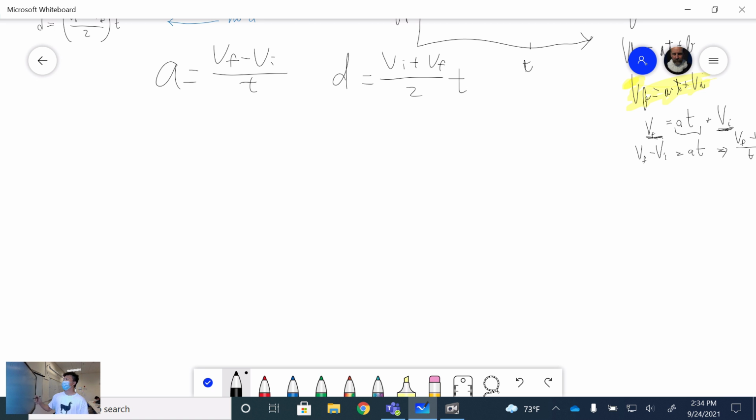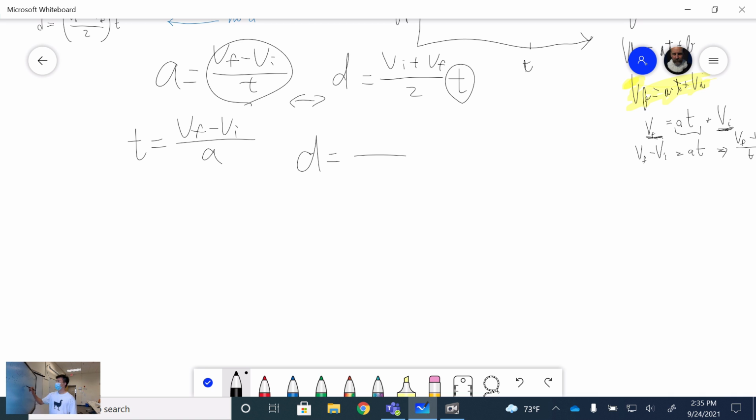Because we try to connect them together, I try to substitute this t using this equation, so we would have d equals... here t is actually equal to the change in speed over acceleration.